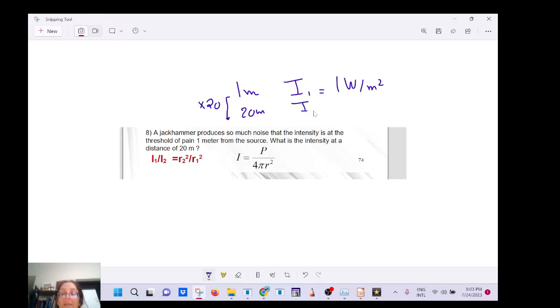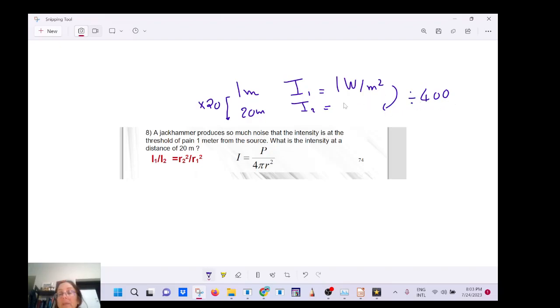So the intensity here is going to be divided by 400, because it's the inverse square law. So if you go from 1 meter to 20 meters, the distance is multiplied by 20, so here you're going to divide by 400, right?